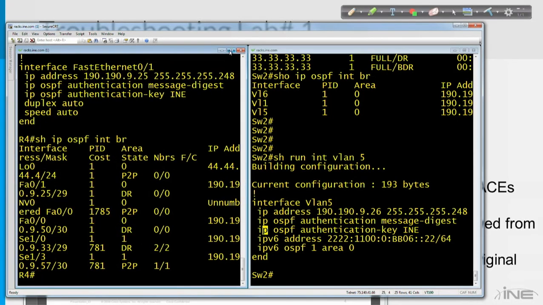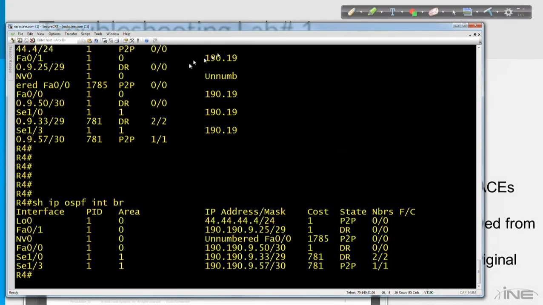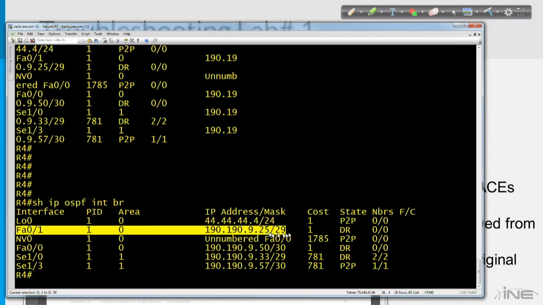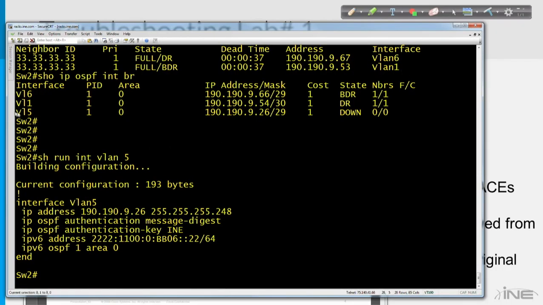Let's expand this just a little bit so it's clearer. It is FastEthernet 0/1. It is covered on there. It says it's in area 0 over here. VLAN 5 was in area 0, so they're in the same area.